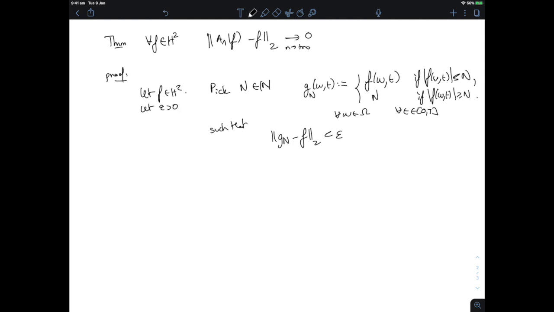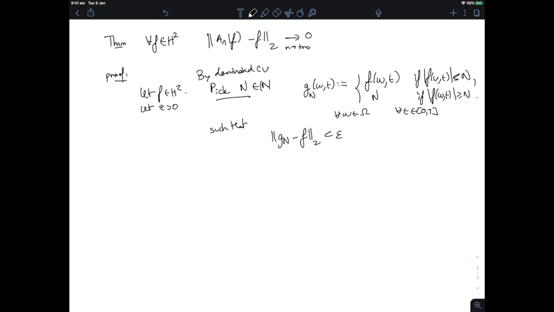Because g_N tends to f almost surely, and it's also dominated by f. So by dominated convergence, you have this approximation, and we pick this N this way. So this is the way you prove that H2 intersected with L infinity is dense in H2.